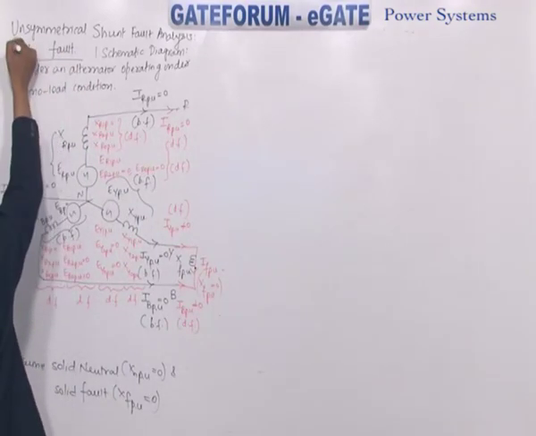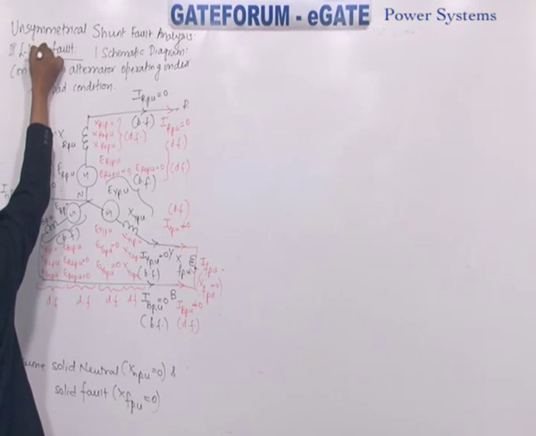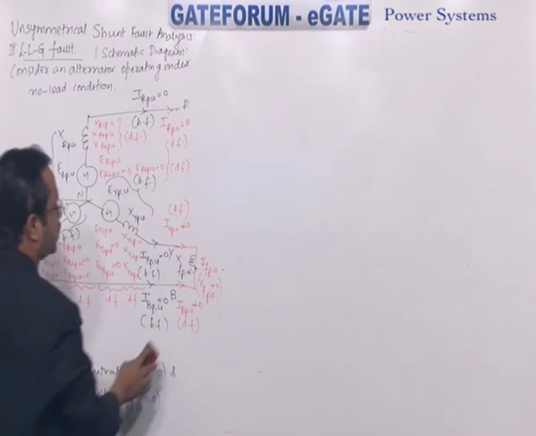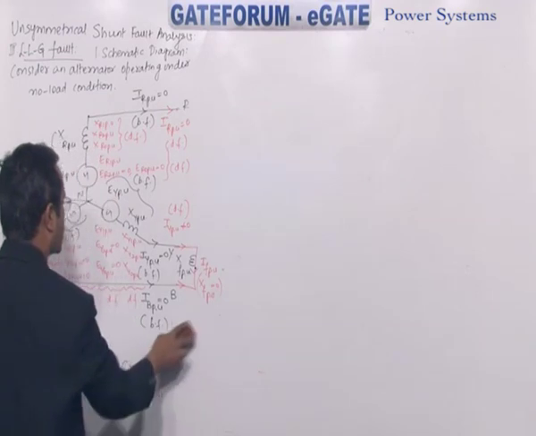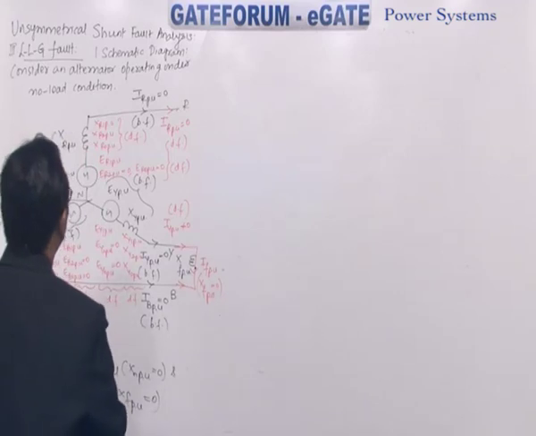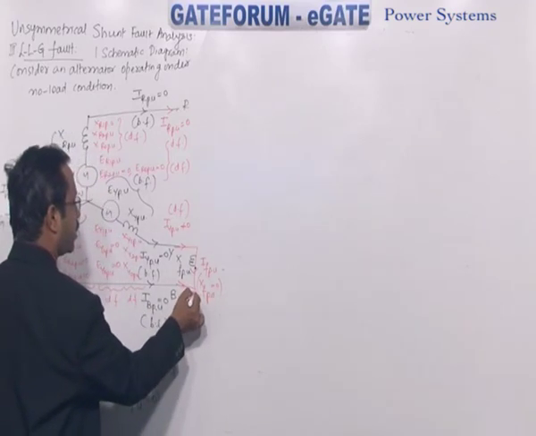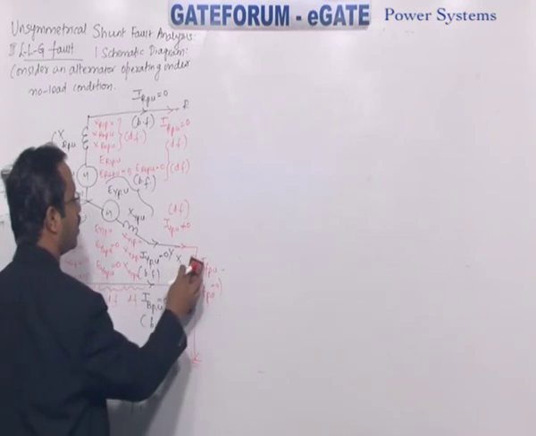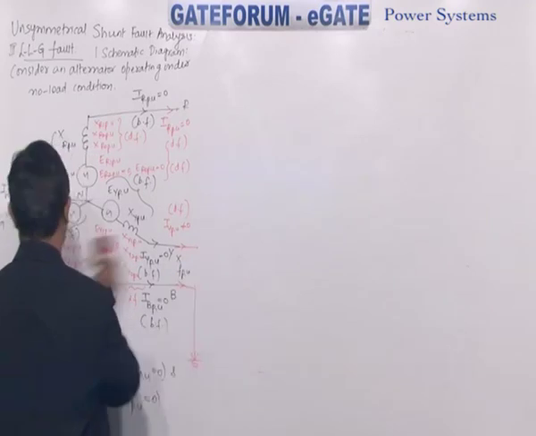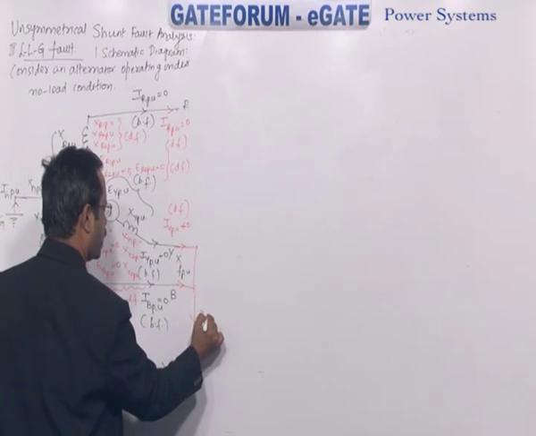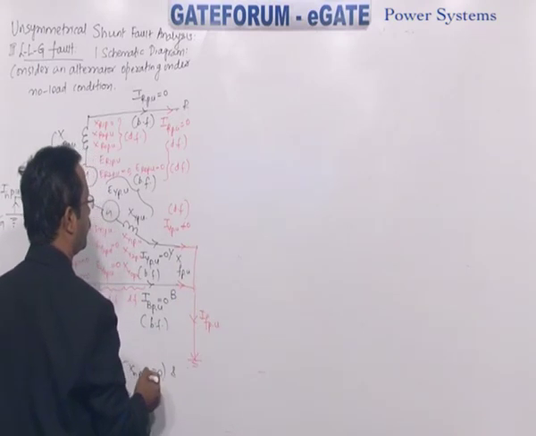Now we discuss the next type of fault, that is LLG fault. Include the fault with Y phase and B phase as it is. But further, the fault is involved with ground here. So IF per unit is not equal to 0. Here you represent IF per unit.